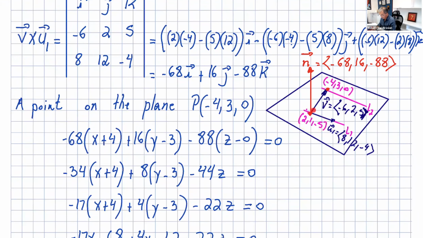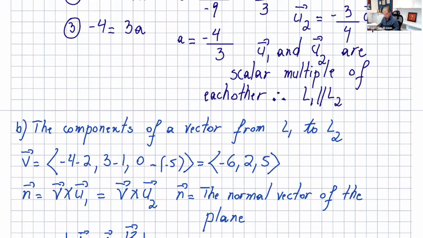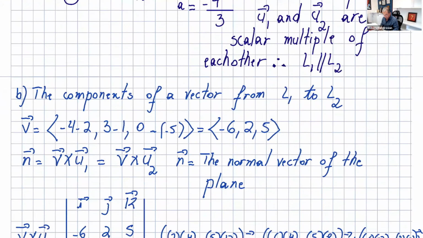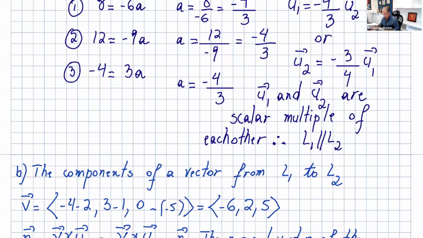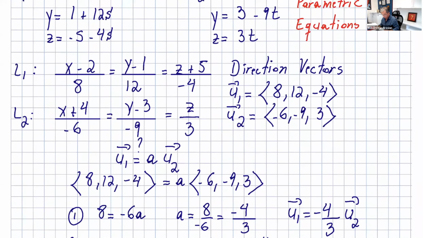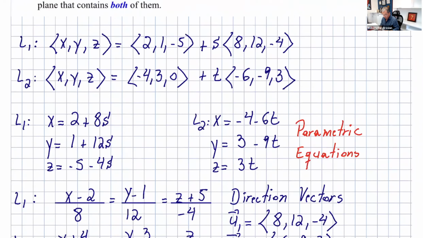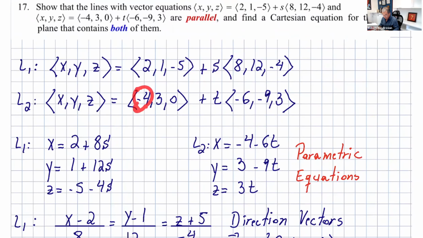We can find the vector that connects these two points by finding its components, and we just subtract them. I'll call that vector v, which is -4 minus 2, 3 minus 1, and 0 minus 3. If we go back, I did that minus that, that minus that, and that minus that.